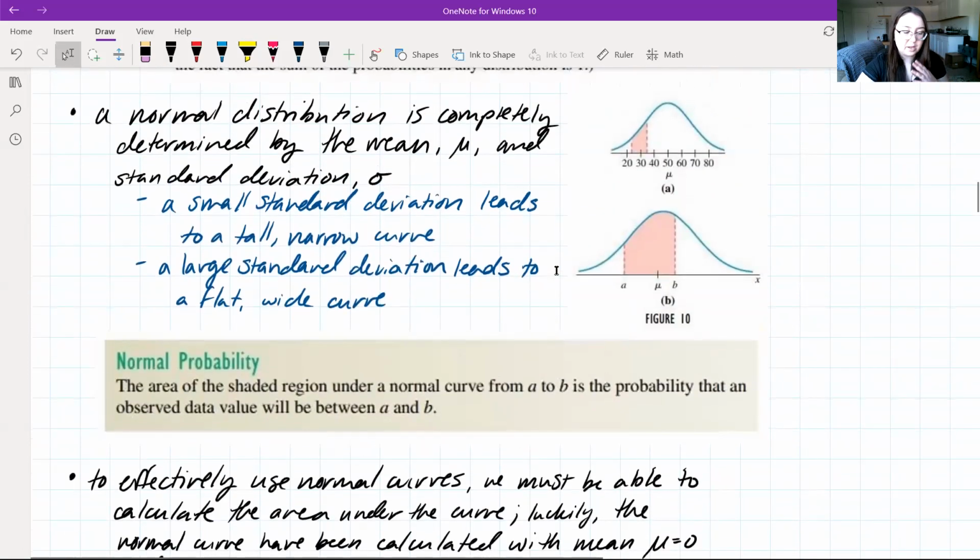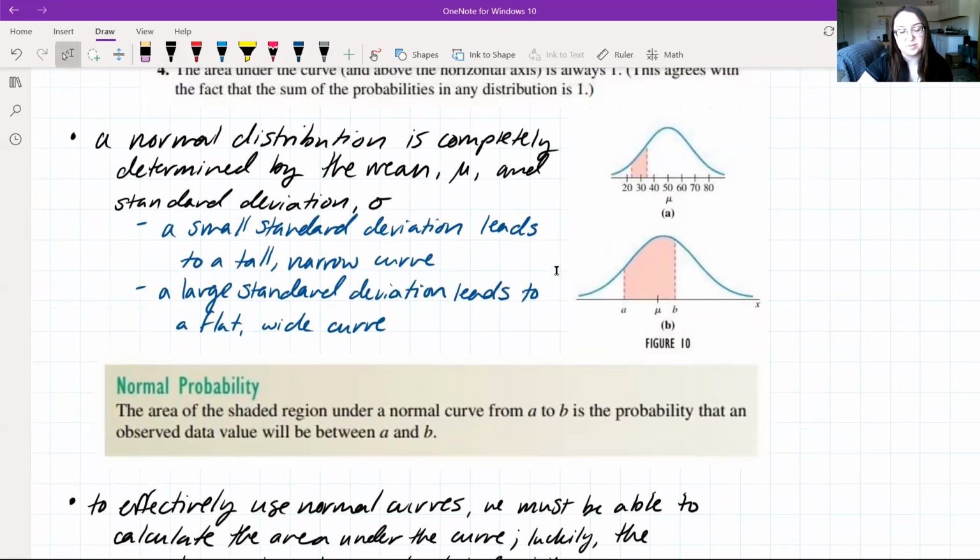And we know that just means the length away from the mean. All right, then we have our official definition from the book. Normal probability: the area of the shaded region under a normal curve from A to B is the probability that an observed data value will be between A and B. So if we look at figure 10 here, we have a normal distribution, and then we have these little shaded regions.